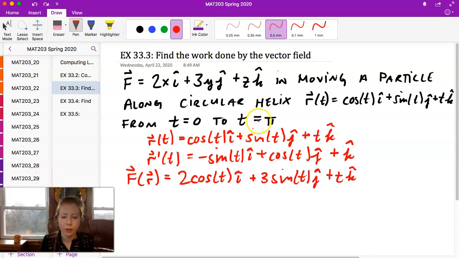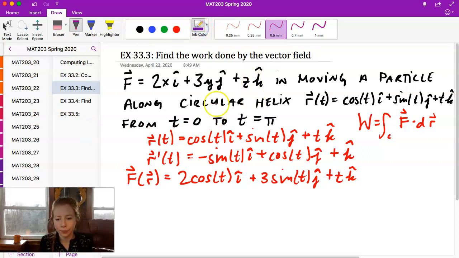Okay, and so remember our definition, work is equal to the line integral of F dot dr, as we've been doing. So this was just a slightly different way of asking the same question that we've been working with in today's lecture.